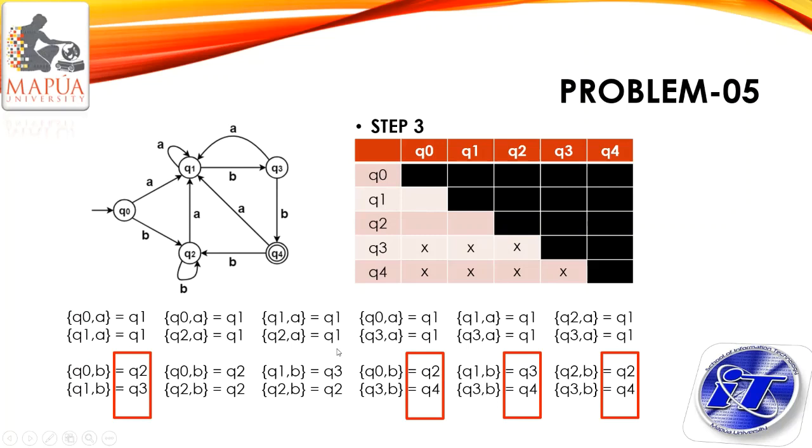For Q1, Q2, Q1 is still not marked, but Q2, Q3 has already been marked, so this cell will also be marked. Since we have a new marking, let's go back to Q0, Q2. But by inspecting, Q1 is still not marked, Q2 is still not marked. So this will be our final marking.